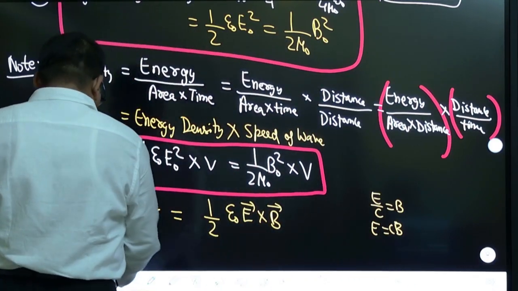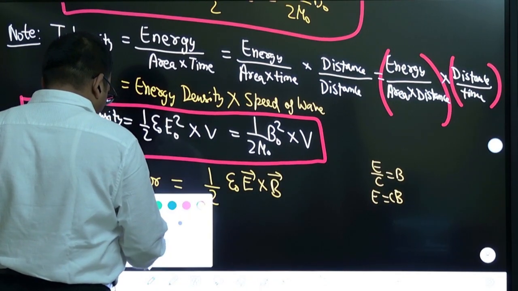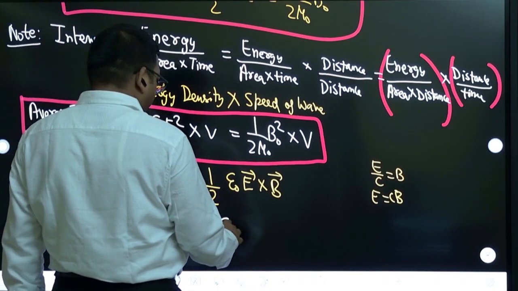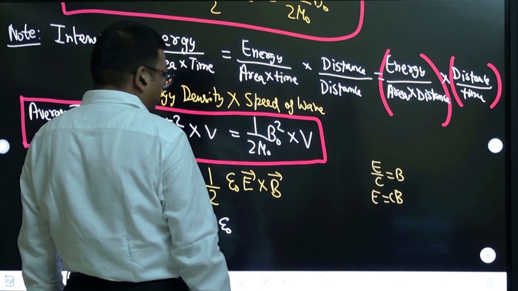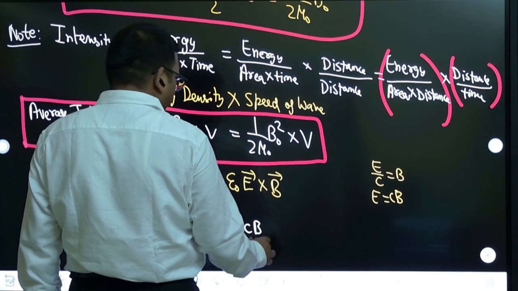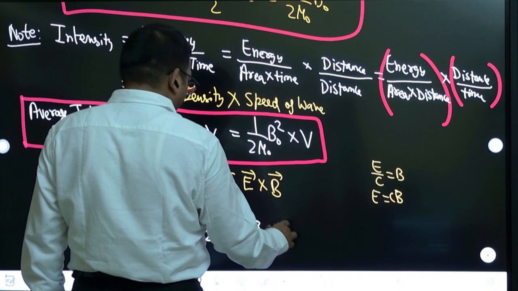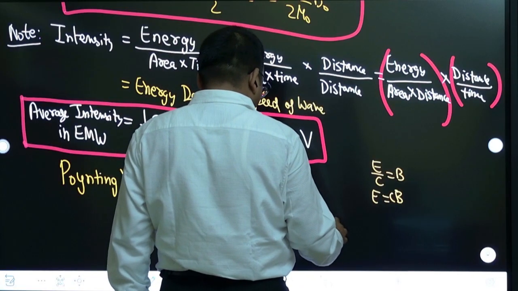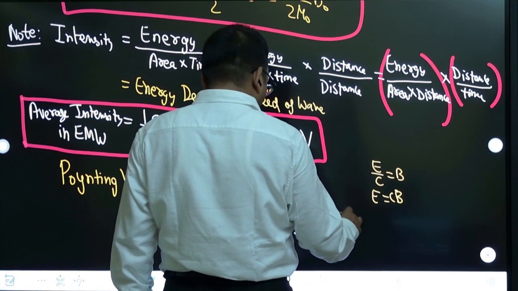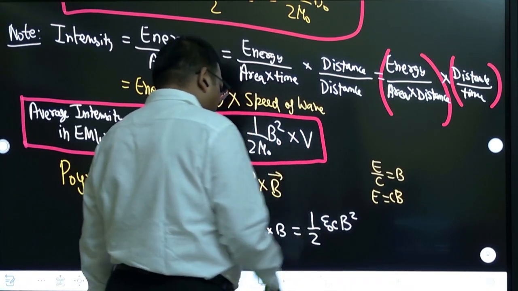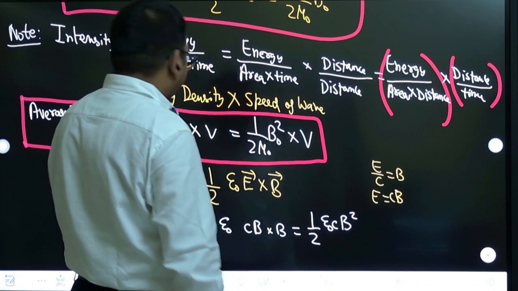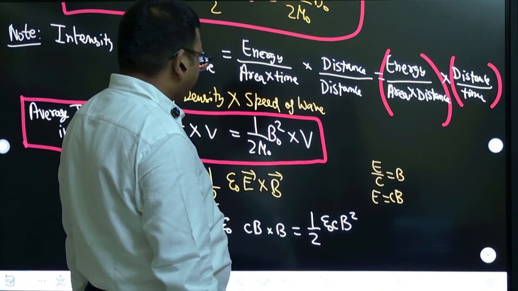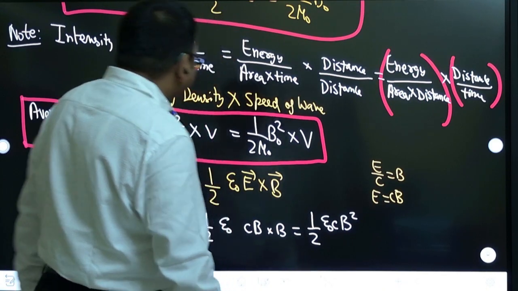So what can we check? Check that 1 by 2 epsilon naught, E vector I am writing as C times B into B. So 1 by 2 epsilon naught B square into C has come. But let us bring it in terms of mu naught. Or if I want B, I can substitute in terms of that.